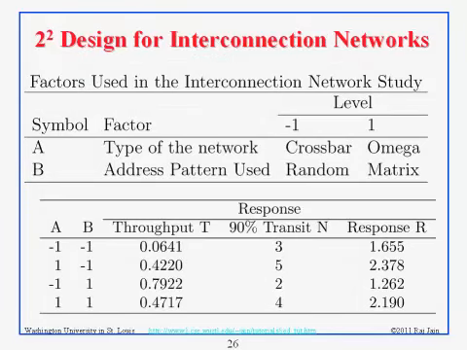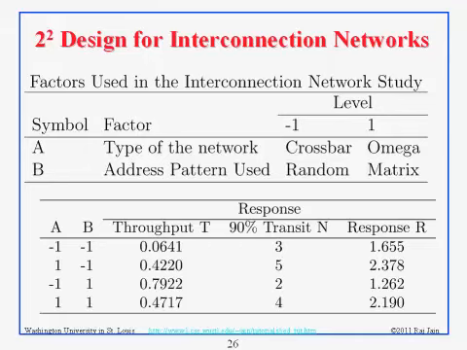Right? So we go back here, this is the plus and this is the minus. So when the effect is plus, it means omega is better than the crossbar, or matrix is better than the random. If the effect is negative, that means the other way around. So the sign has an effect and it depends.